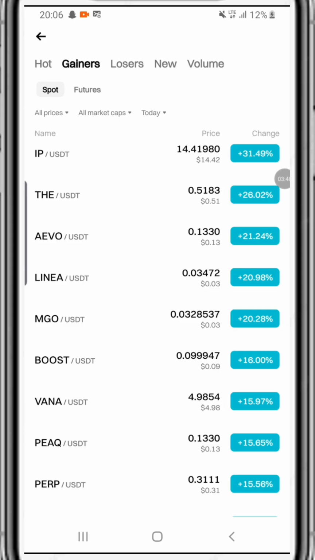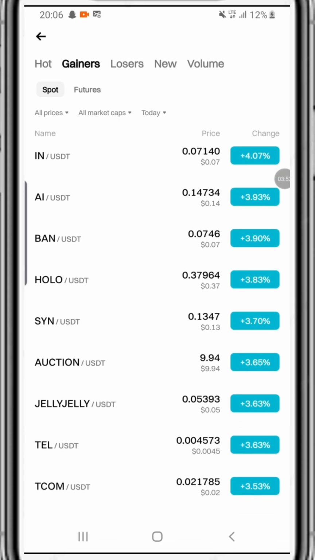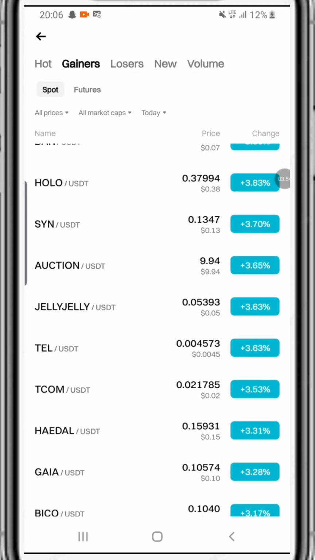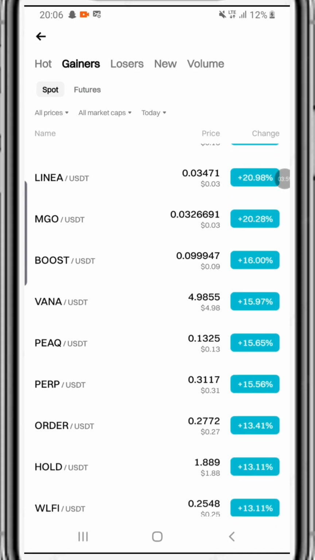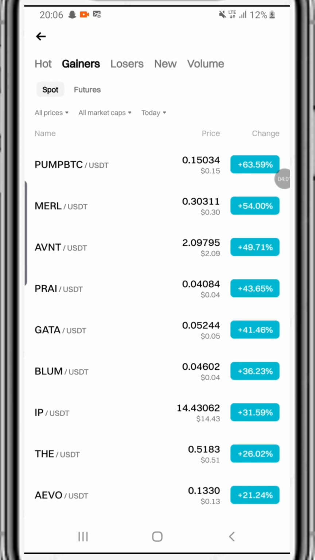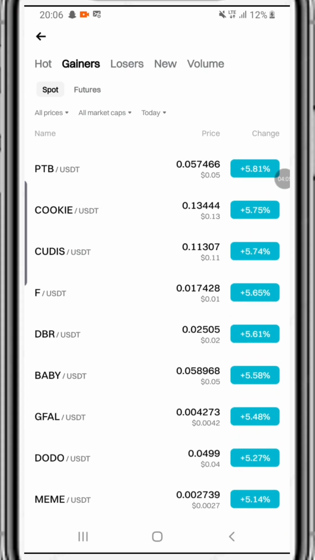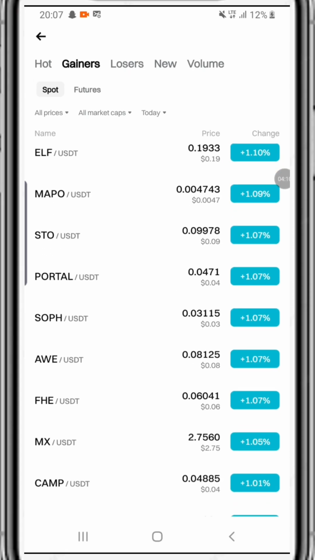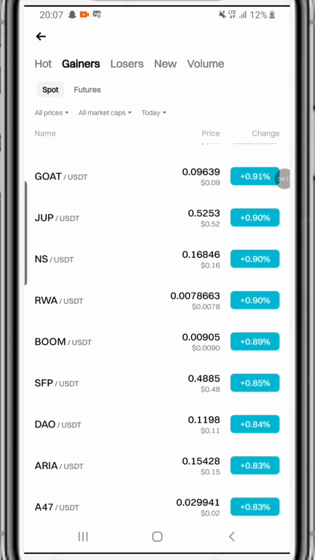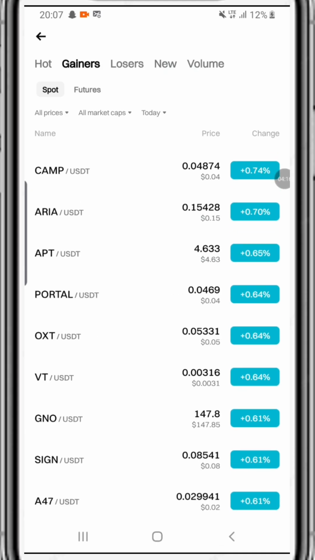So guys, if you want to get the perfect spot to buy a currency on spot trading, you don't need to go for these ones that have already gone up 63%, 54%, 49%, or all of these percentages. All you need to do is go to the ones that have already broken out in profit. Breaking out in profit means, if you look at this page, you have the OST USDT.